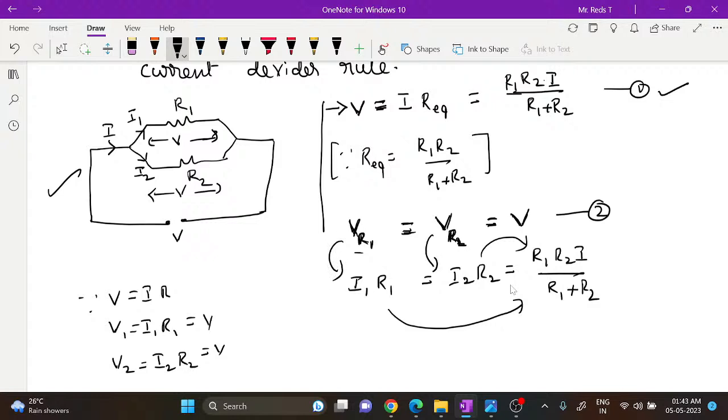And of course, that is equal to V applied from equation 1. V is R1 R2 by R1 plus R2 into I, where I is the total current in the circuit.